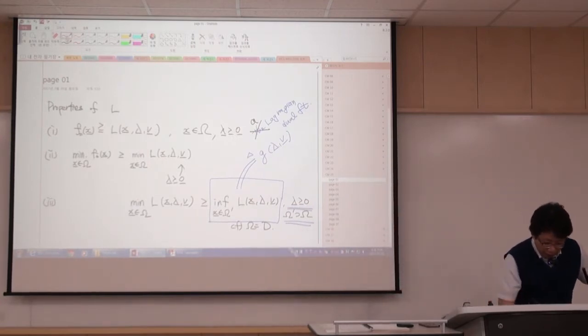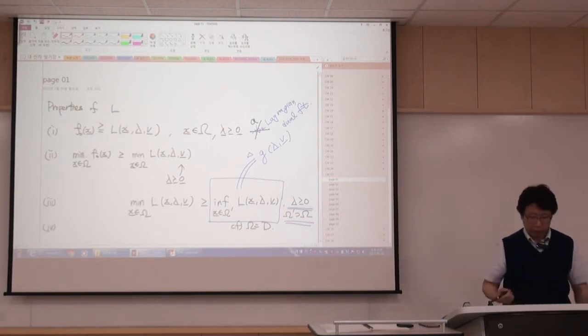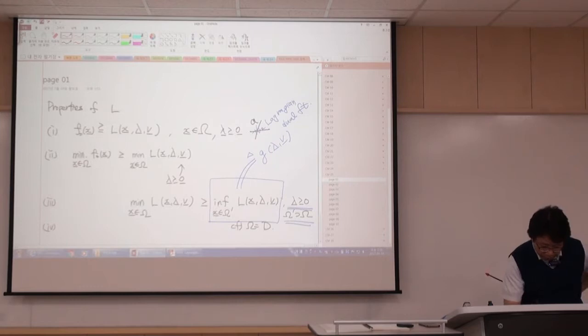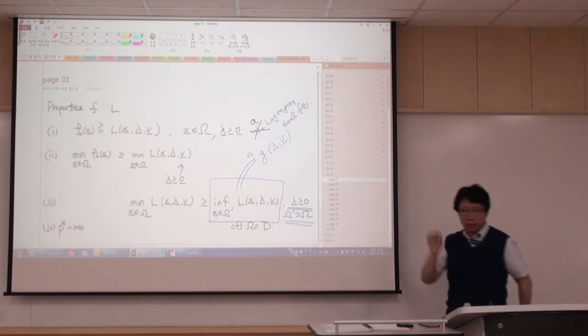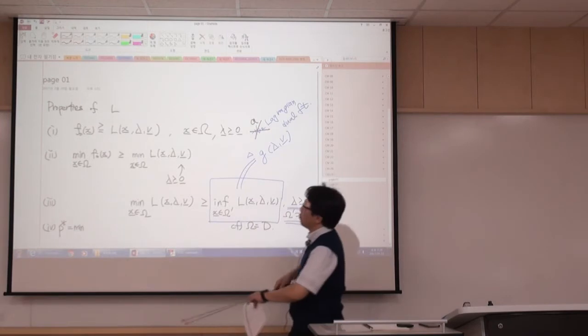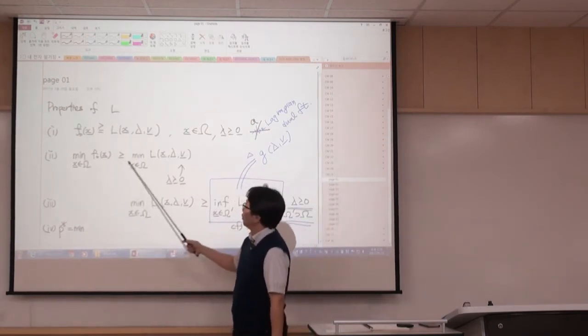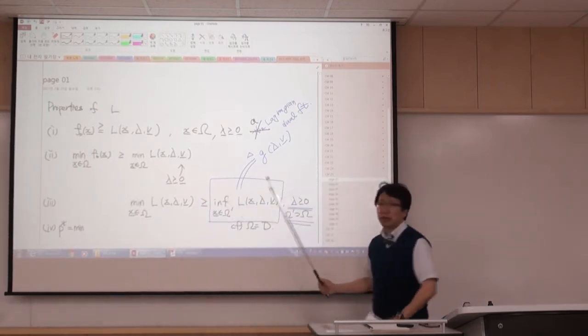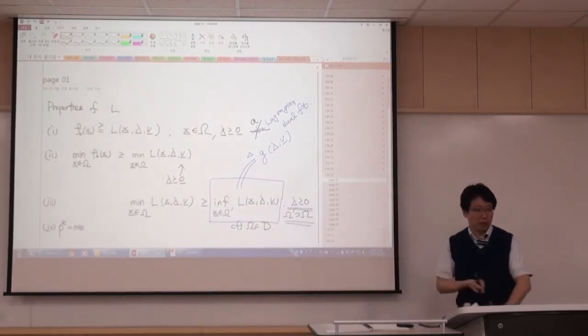now what do we have? Let's call this left-hand side p star. Let me delete this point, right? Because in the beginning, I said min dot means minimize. Min means minimum, okay? So in order to have these inequalities, we have to have minimum and infimum, not minimize, infimize.